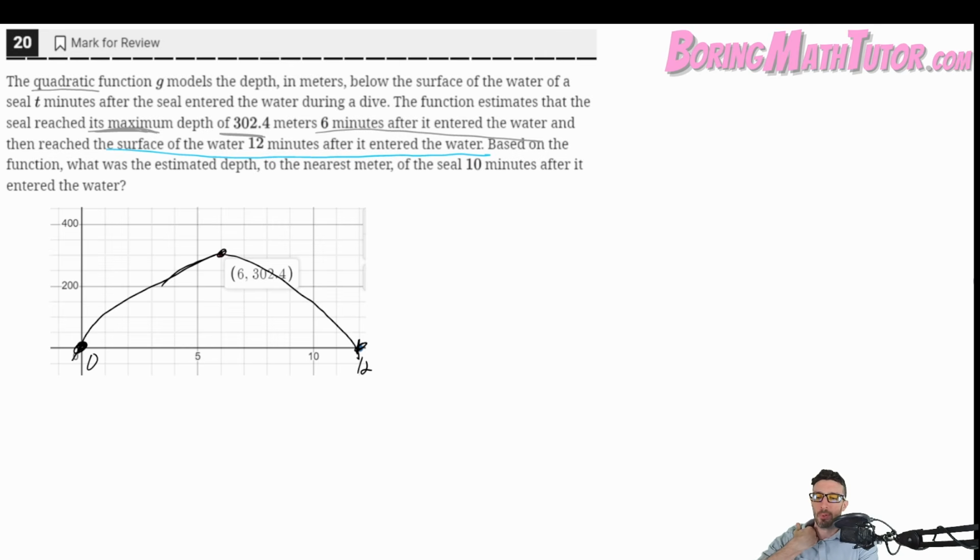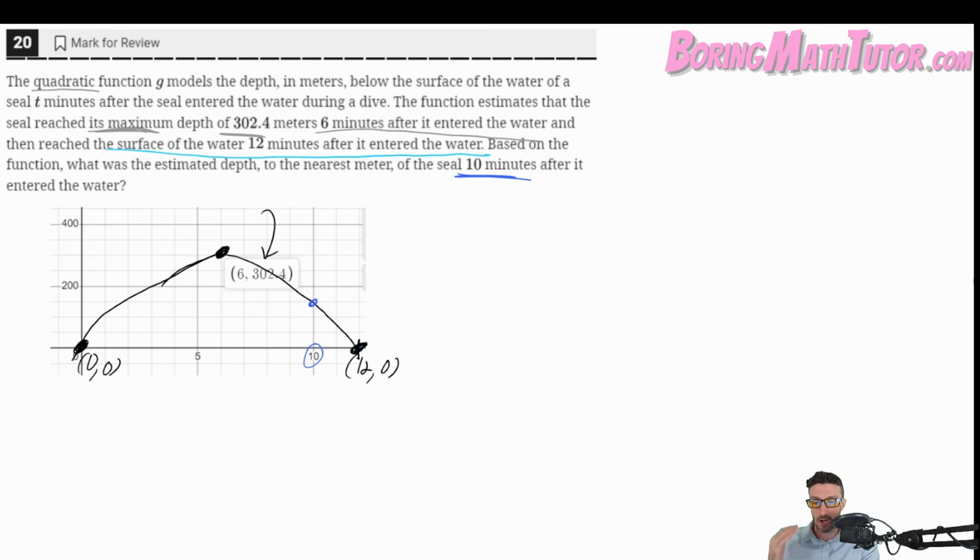And ultimately, we want to know what's happening at 10 minutes. So basically, we want to know the y coordinate at x equals 10. Well, one way to do that is to get an equation that contains these 3 points: 0, 0; 12, 0; and this point.